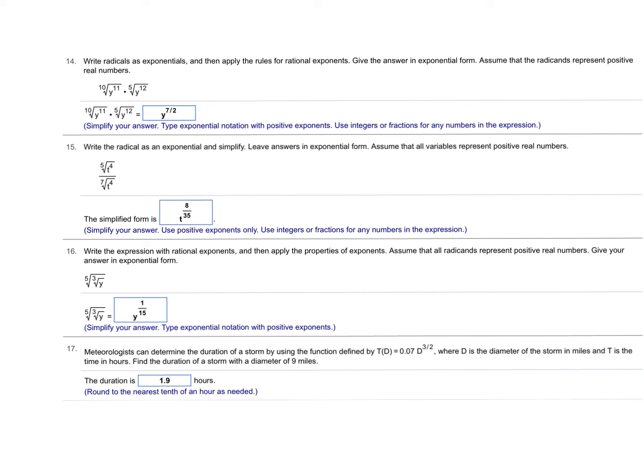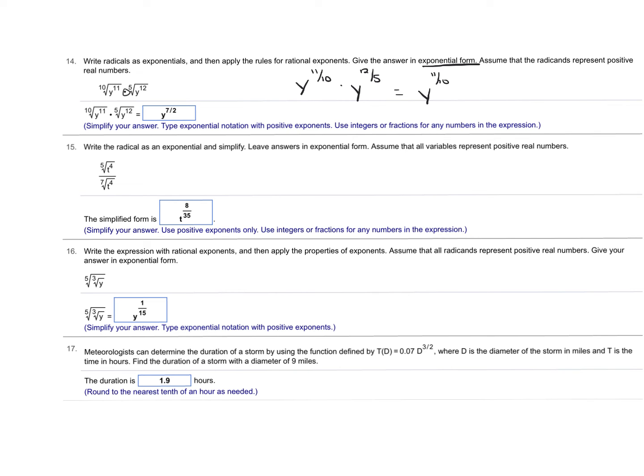Okay, so for this problem, I need to write my answer in exponential form. So I'm going to convert these to exponents. I've got y to the 11th power, and I'm taking the 10th root. So it's y to the 11/10 times y to the 12/5. I remember that I can add my exponents.